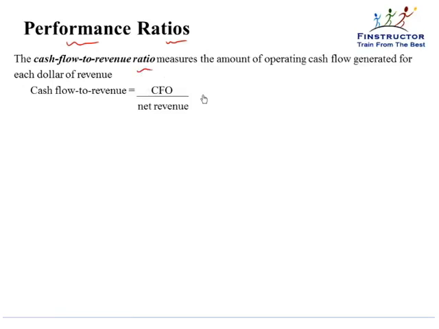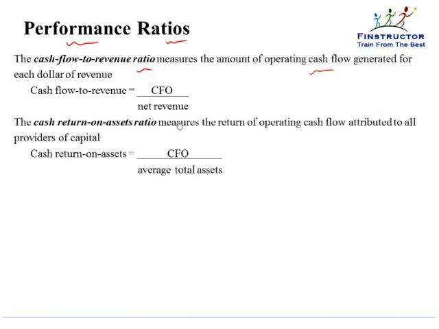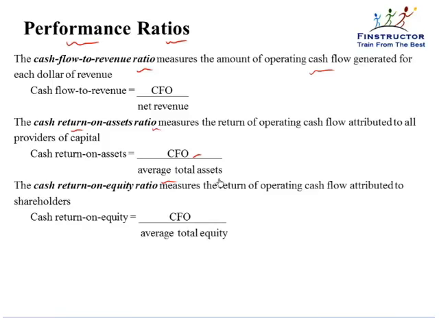So the cash flow to revenue ratio measures the amount of operating cash flow generated for each dollar of revenue. The cash return on assets is calculated as the cash flow from operations upon the average total assets. The cash return on equity similarly would be the cash flow from operations upon average total equity.